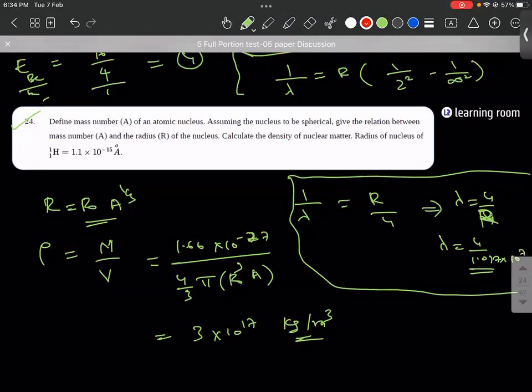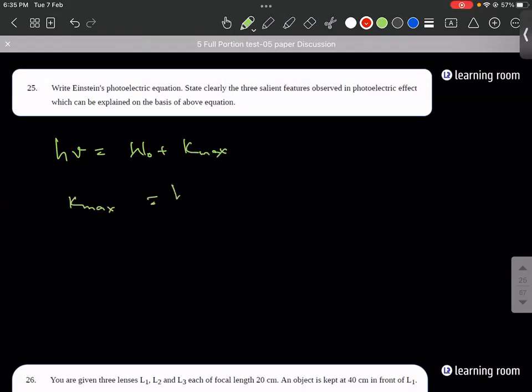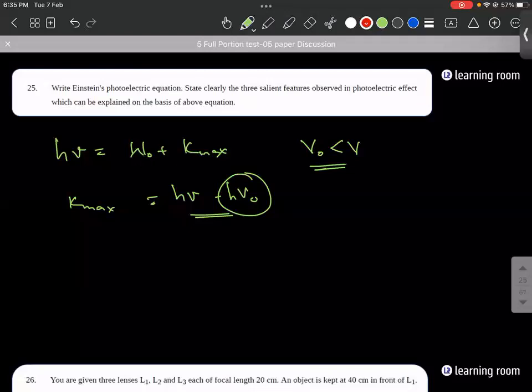So Einstein's photoelectric equation: h nu is equal to W naught plus K max, or K max will be equal to h nu minus h nu naught. State clearly the 3 salient features observed in the photoelectric effect, which can be explained on the basis of the above equation. So when nu naught is less than nu, what will happen?